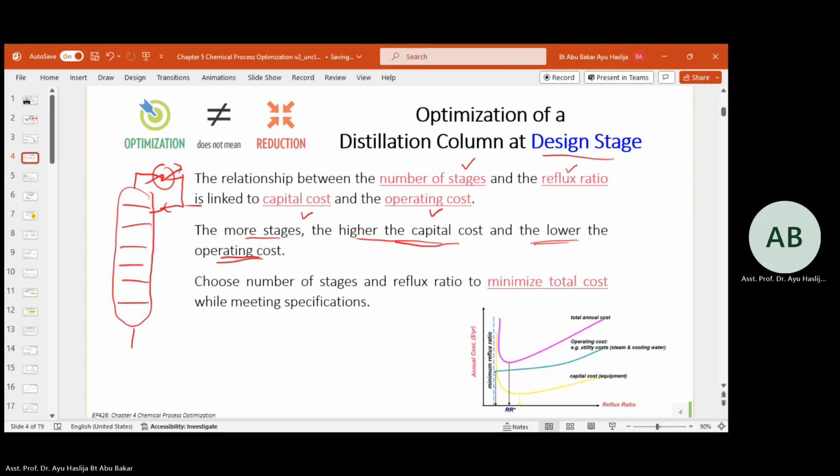Yes, in the long term, it will affect your operating and maintenance costs. So how about others? What do you think? How does it relate? The more stages, high capital cost, low utilities. Any idea?